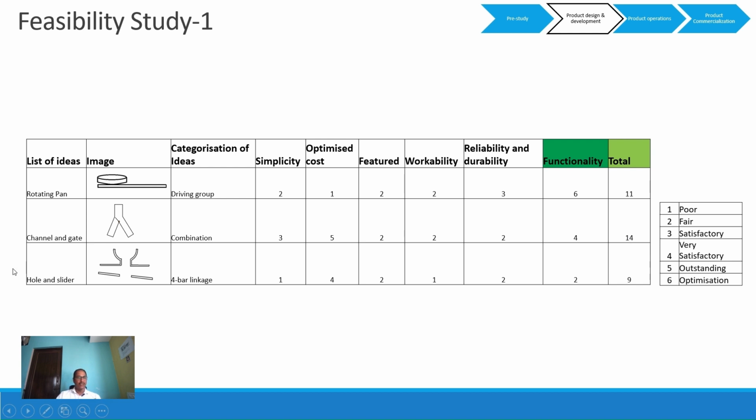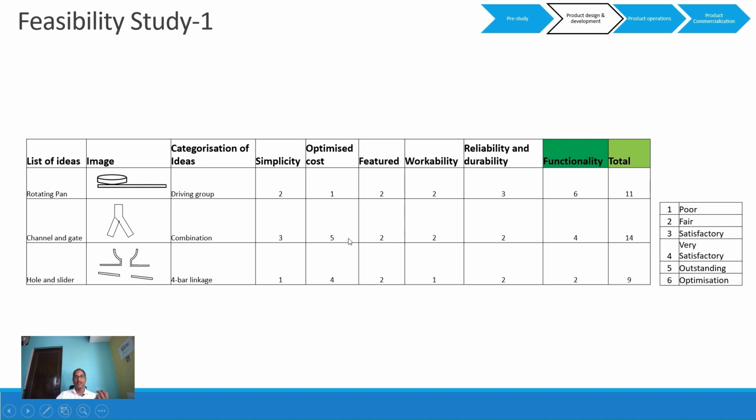Now coming to the third idea, which is the hole and the slider. This comes under the category of 4-bar linkage. Of course, this is complex because we have the 4-bar linkage mechanism, which is complicated compared to the gear mechanism. And coming to the features, of course, this has features.